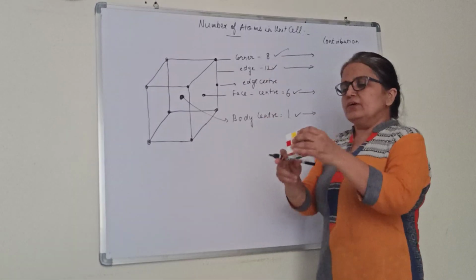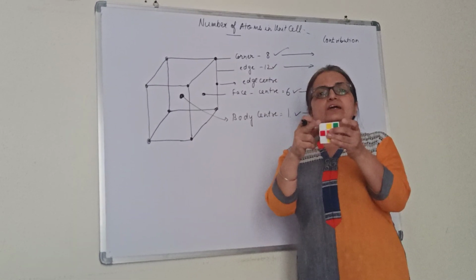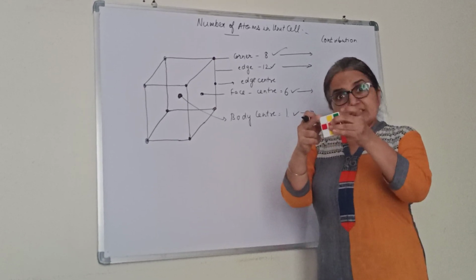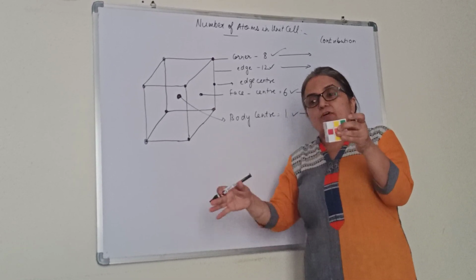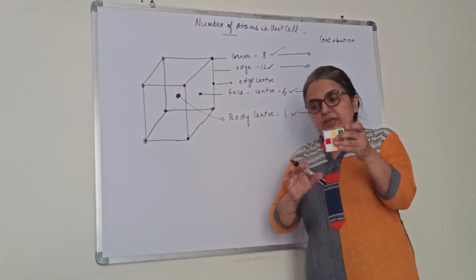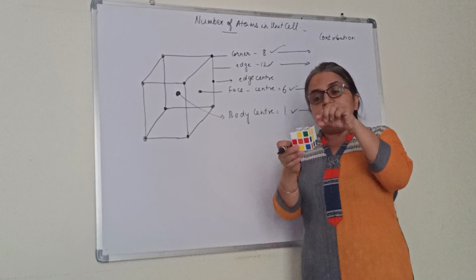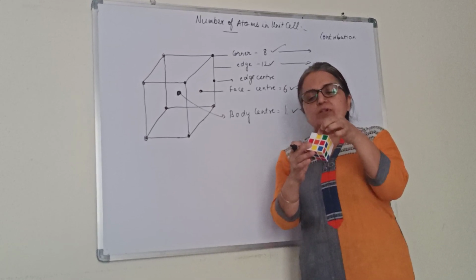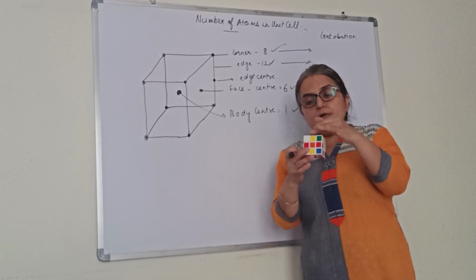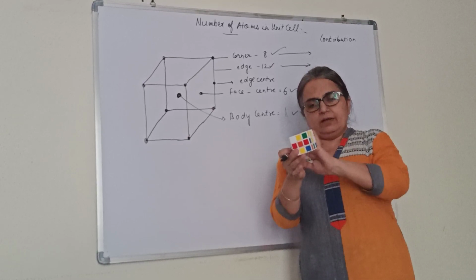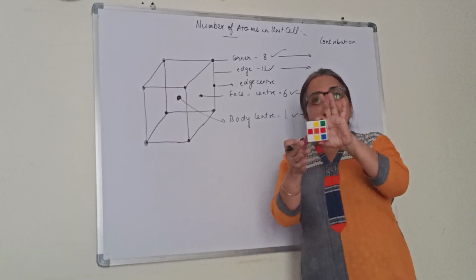If a constituent particle is present at the corner, there is not just one unit cell. There are plenty of unit cells arranged in a 3-dimensional pattern to form a crystal lattice, like many small cubes placed side by side, and you get a crystal lattice.